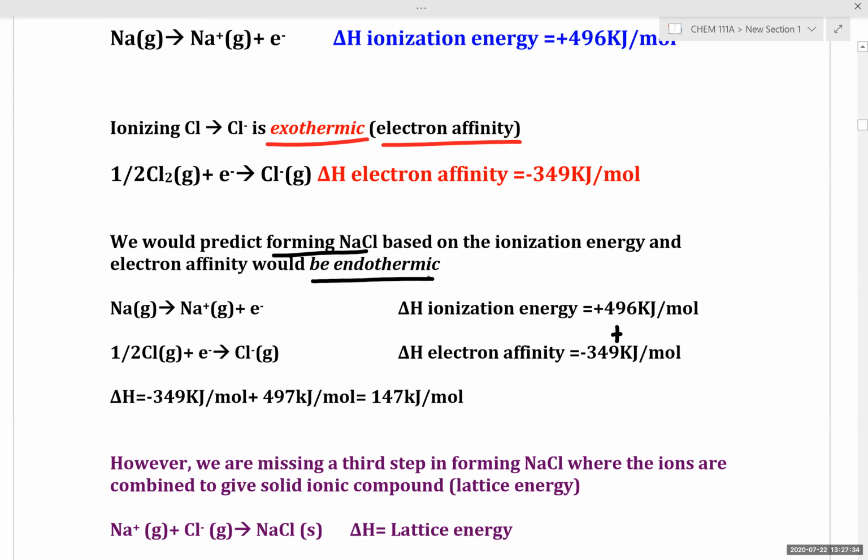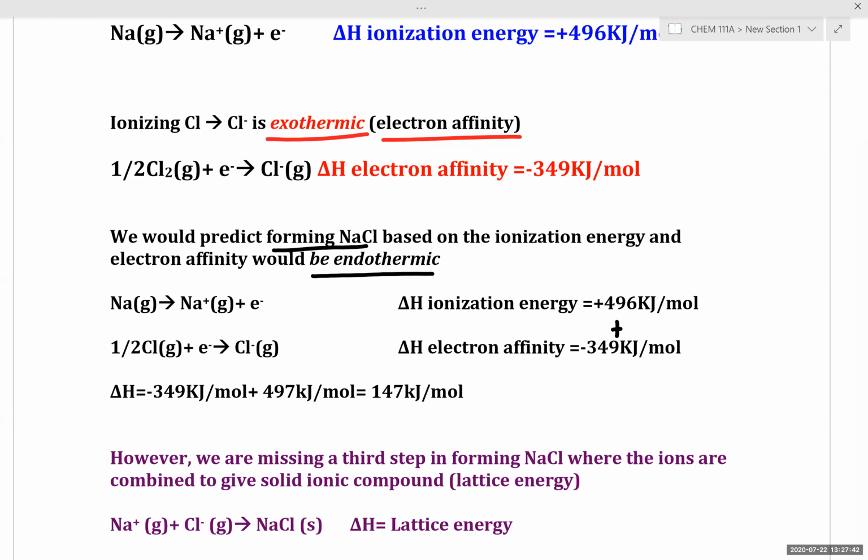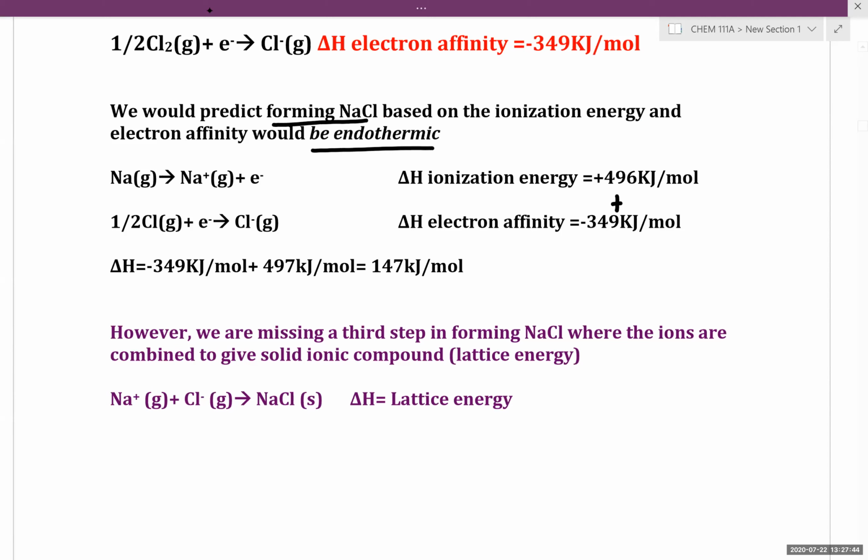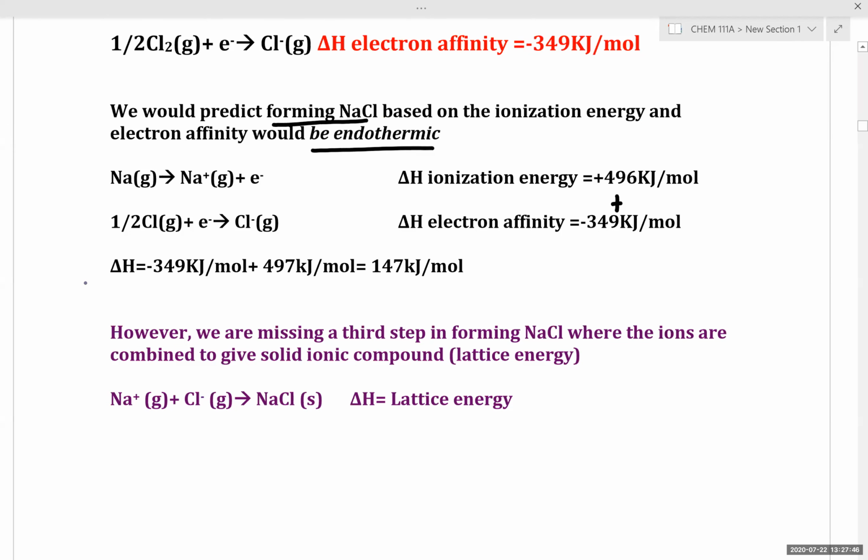endothermic. However, this ionization is just the first step. It's not the end-all be-all. Because there's another key step that we're missing in this Hess's law calculation, and this key step is known as lattice enthalpy. It's where the ions are combined in the gas phase to yield our solid ionic compound.